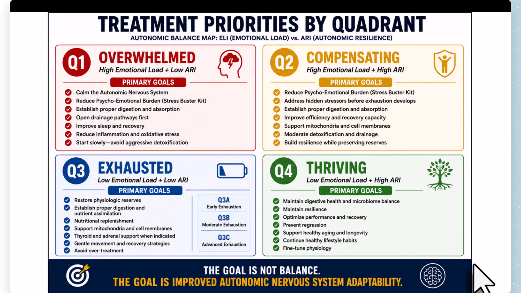Establish proper digestion and nutrient assimilation, nutrient replenishment, support mitochondria and cell membranes. Consider thyroid and adrenal support when indicated. Gentle movement, recovery stages. Again, make sure they get plenty of rest. Avoid overtreatment.